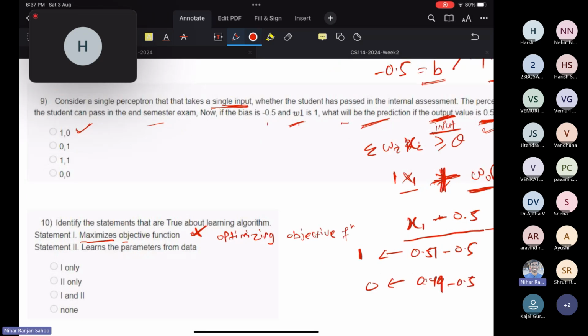Okay, so going to the second statement, learn the parameter from the data. Parameter maybe the first time we are hearing. The parameters are the model's w values. So that's our goal from the learning algorithm. You have to learn the optimal W values given the X and Y pairs. Right. So second statement is valid.